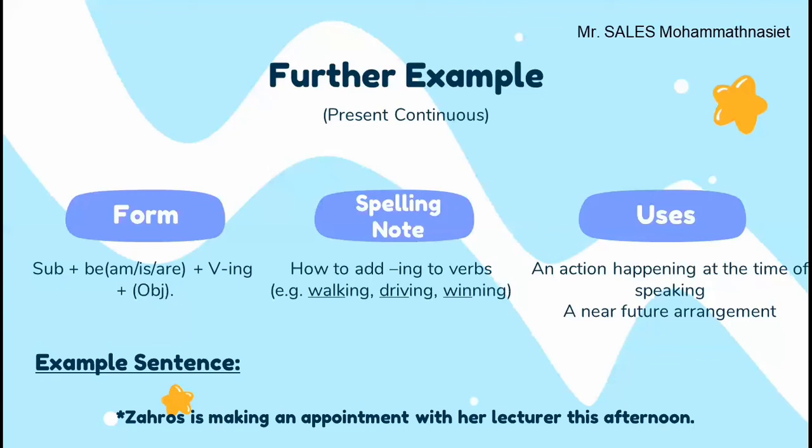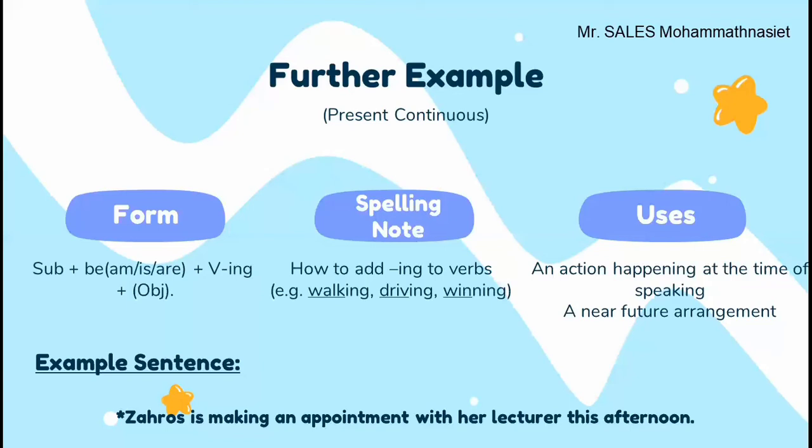Now let's talk about the spelling note. For spelling note, we are gonna take a look at the verb make. You see, everybody? As you know, make ends in e, so we need to delete e first before we add ing. So all of this stuff is discussed in the spelling note. Moving on to the final stage, the use of present continuous. So how can we use present continuous?